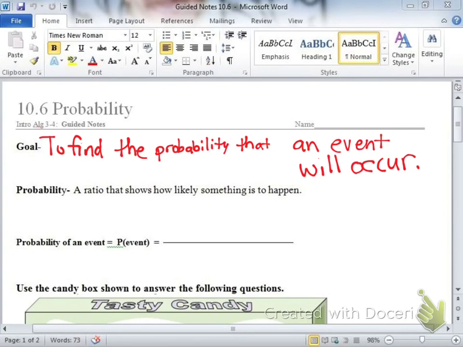So I am going to give you an event, like what is the probability of flipping a coin and getting a head? And you are going to find that probability.